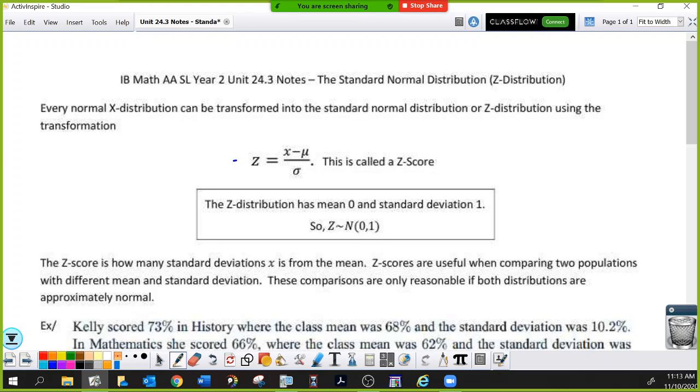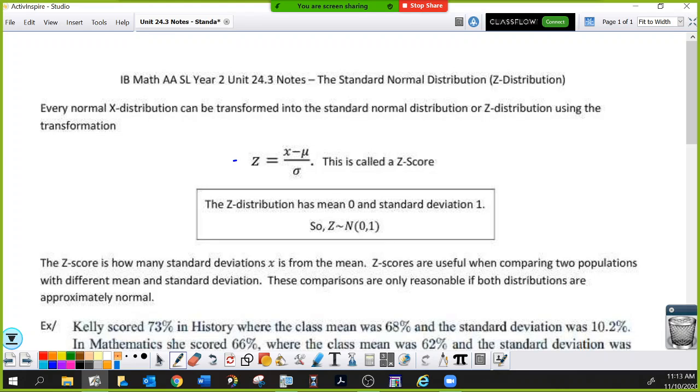A z-score is literally the number of standard deviations you are away from the mean on the standard normal distribution. So if I say a z-score of 2.3, that means 2.3 standard deviations above the mean on the standard normal curve. That's what that means. So the transformation is x minus mu over sigma.